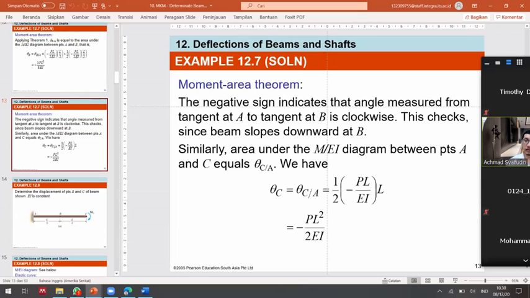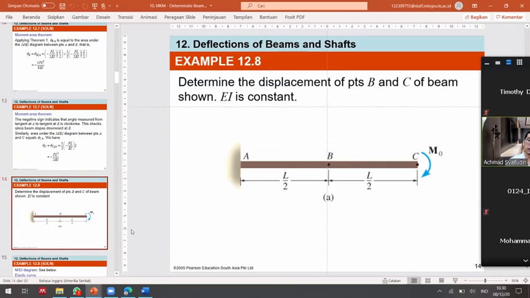Yeah, this is only the angle. So how do we find the deflection? This is the end of this example. Let's see another example. In this example, we can see another loading. In this case, the loading is a moment, pure bending.